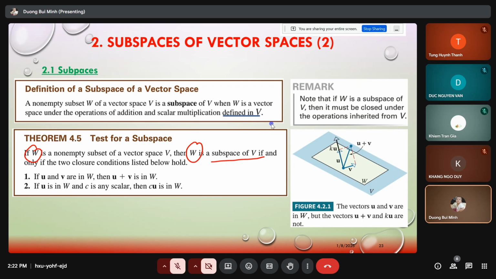That means if we have vector U and vector V, then vector U plus vector V should belong to vector space V. And if vectors U and V are in W, then U plus V must be in W. That means we should have the same characteristics.